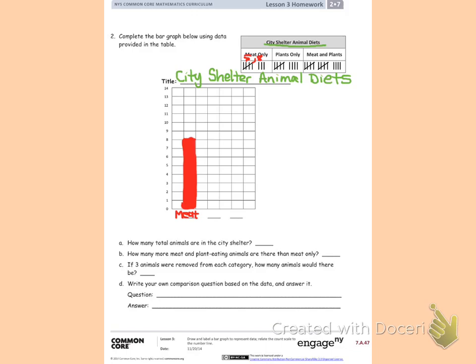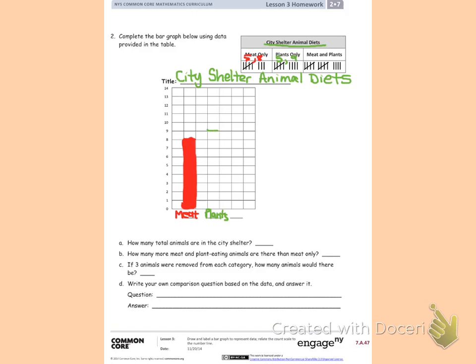The next category is plants only. So on the line, I'll write plants. Now I will count how many like plants only. 5, and 4 more makes 9.